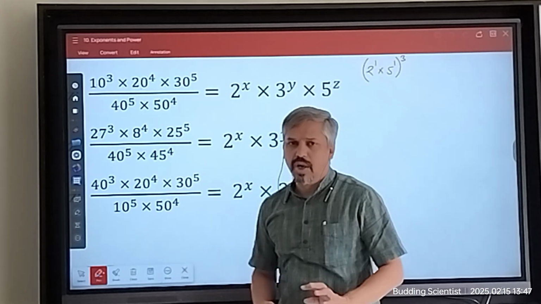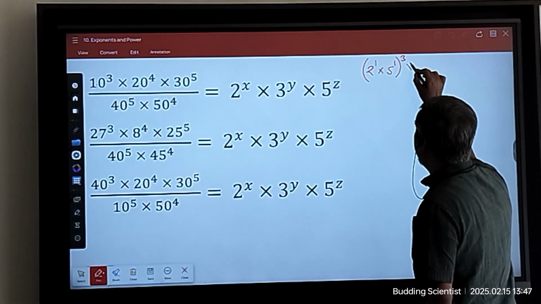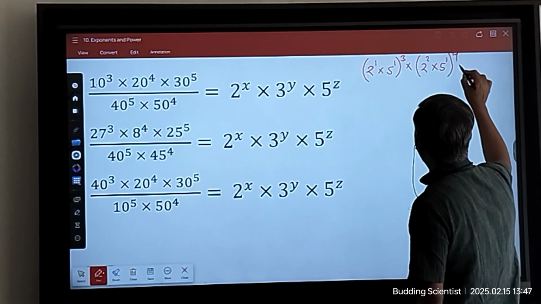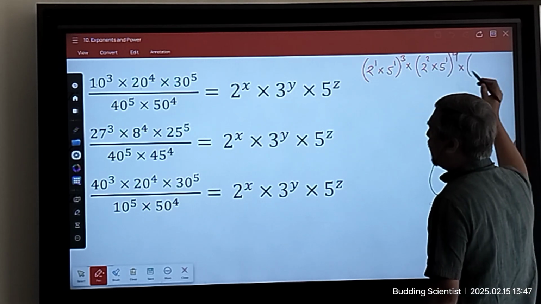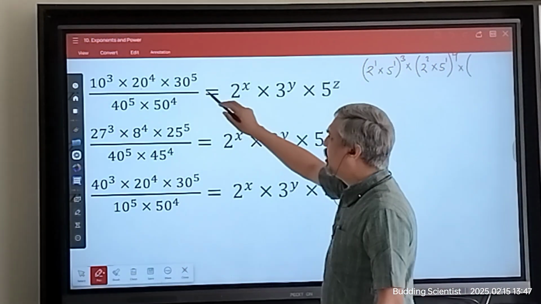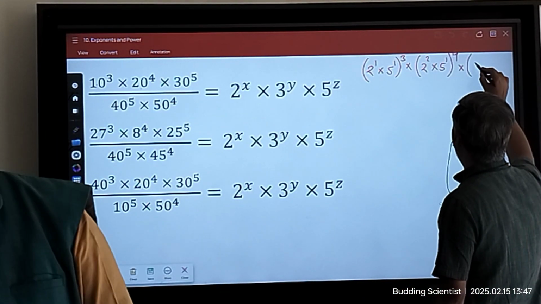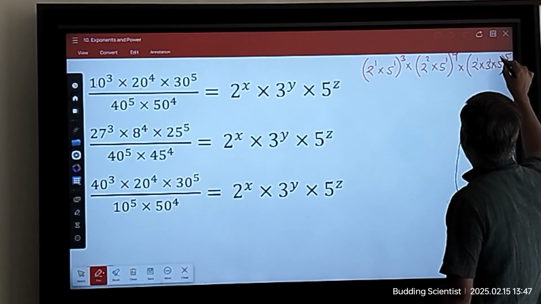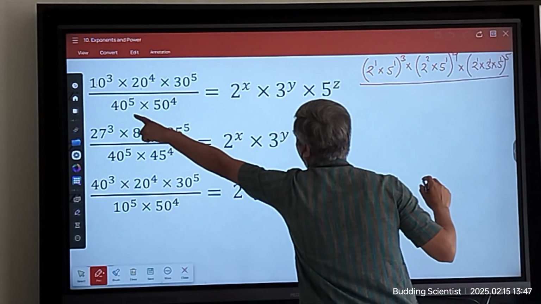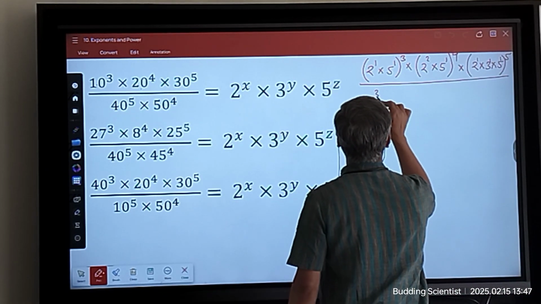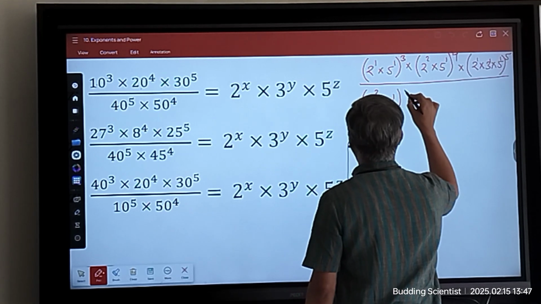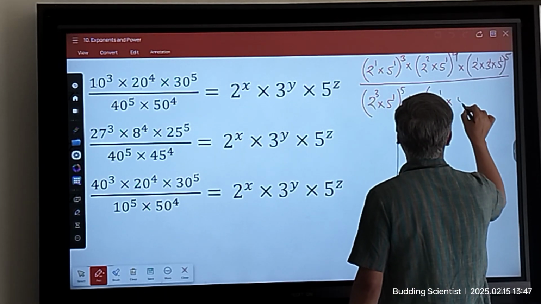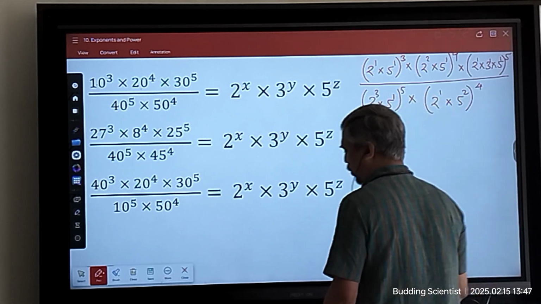For 20 raised to 4, 20 is 4 into 5. So this will be multiplied by (2^2 × 5^1) raised to 4, multiplied by the next, 30 raised to 5, which will be (2 × 3 × 5) raised to 5, divided by 40, which is 8 into 5, that is (2^3 × 5^1) raised to 5, multiplied by 50, which is (2^1 × 5^2) raised to 4.